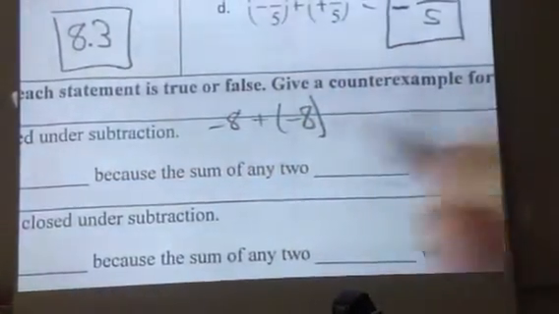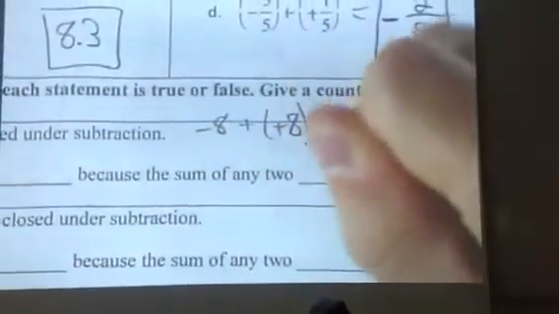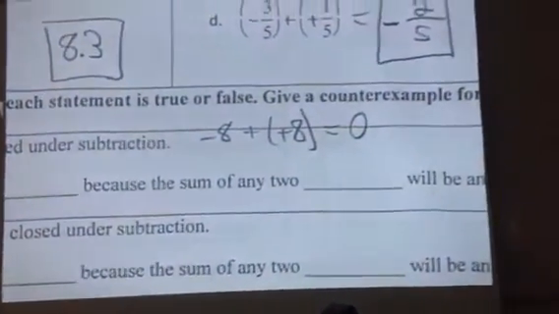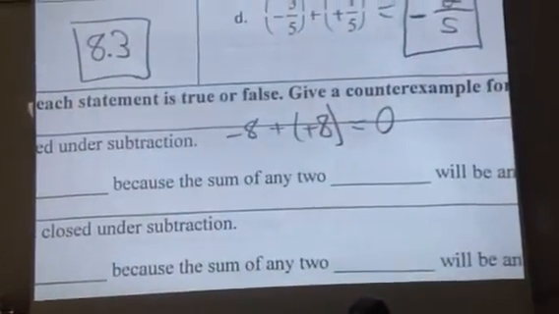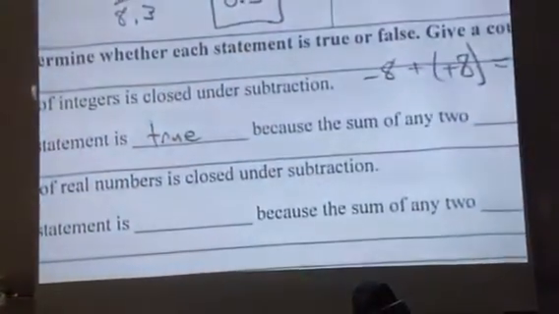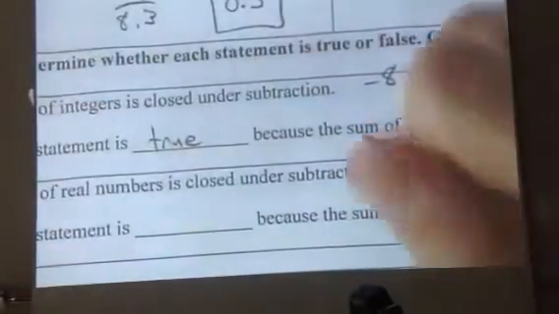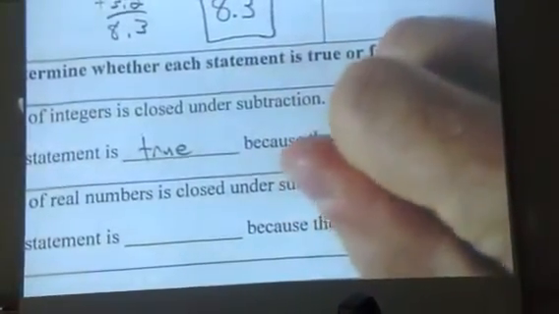Change this to addition, change that to a positive. -8 plus 8 gives me 0. Is that an integer? Yes, that was just an example. I can think of any other example. Anytime I subtract an integer, I'm going to get an integer. So this statement is true because that should say difference, not sum. Mark that out and change that to difference.